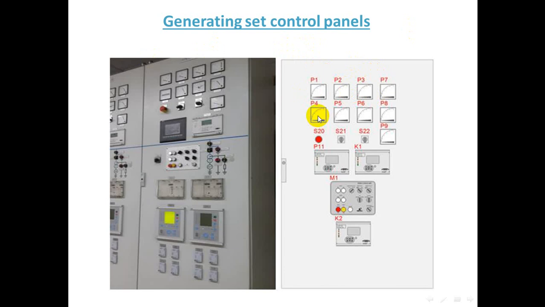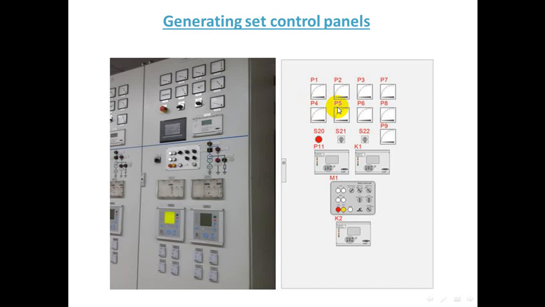P4 is the generator frequency meter, and its function is to measure the frequency of the generator.